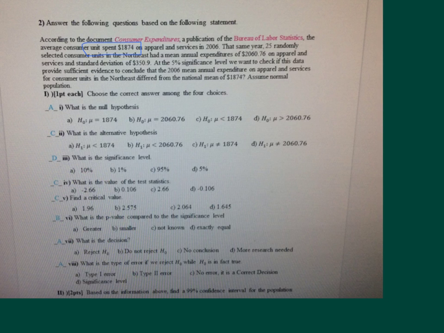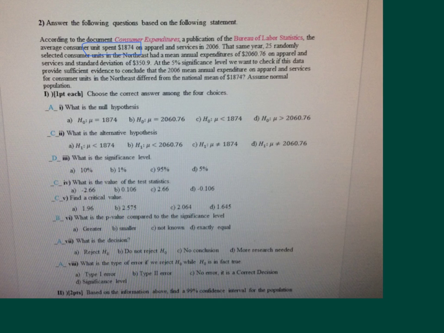So that's a population average, which would be our mu. The same year, 25 randomly selected consumer units. So that 25 is large N, and it's a sample. So they're telling us really, if they give us a standard deviation or variance in this question, that we can use a z-score here as well.